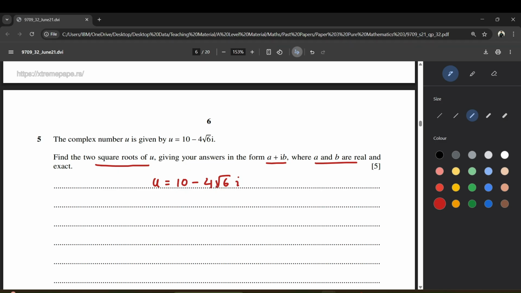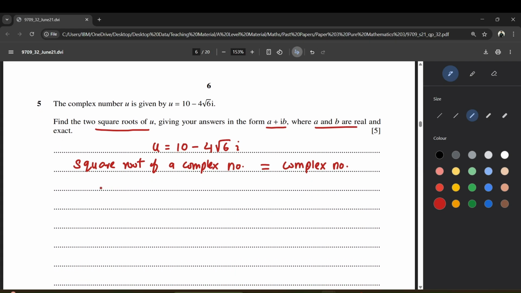We need to find a square root of this complex number. Okay, so basically we know that a square root of a complex number is also a complex number. So when we take a square root of a complex number, the resulting answer will also be a complex number.